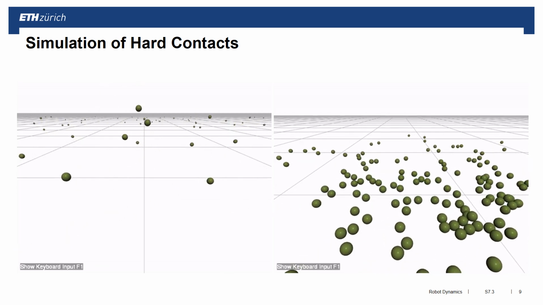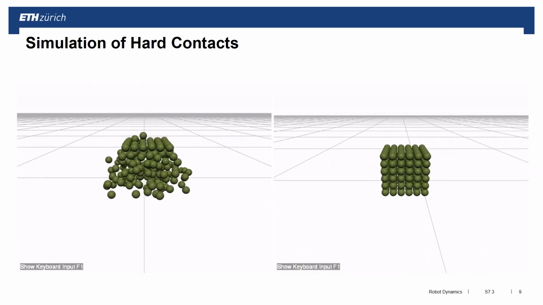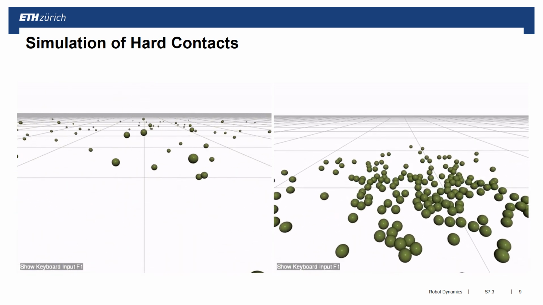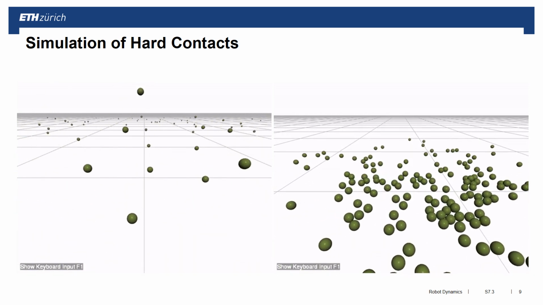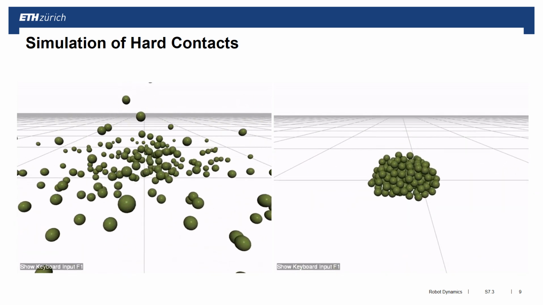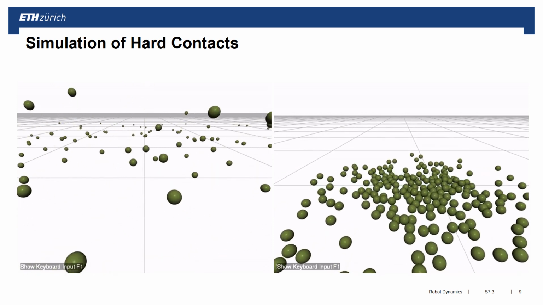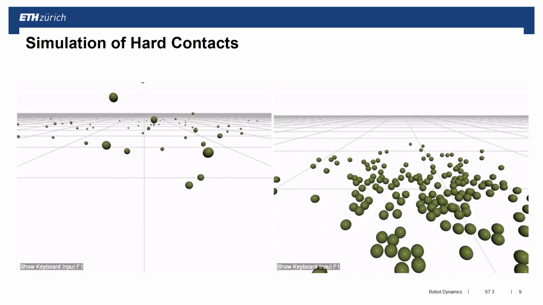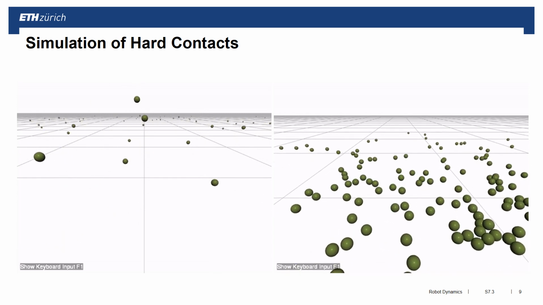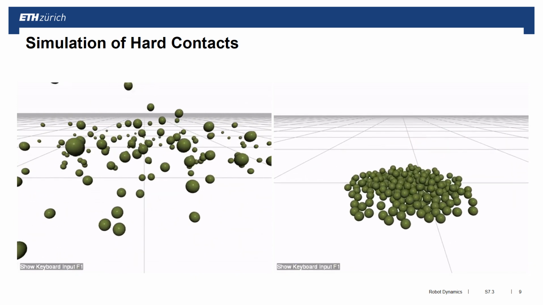On the right hand side you have a restitution coefficient which says they are more like sticky balls. So if they collide with each other, the post-impact velocity becomes 0. And you can see how, similarly to changing stiffness and damping parameters, changing the restitution parameters can lead to various different behaviors.